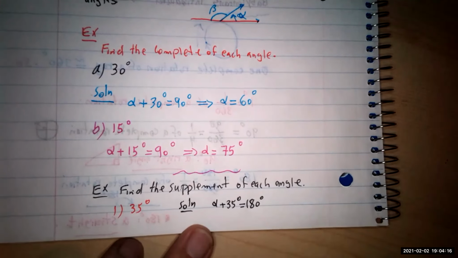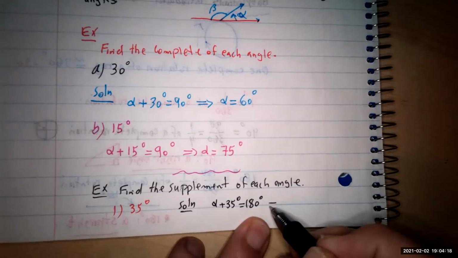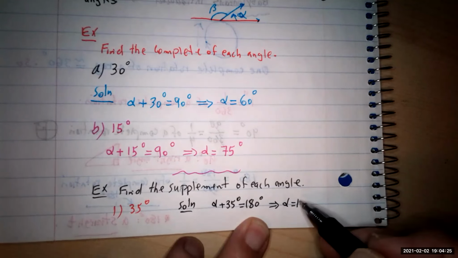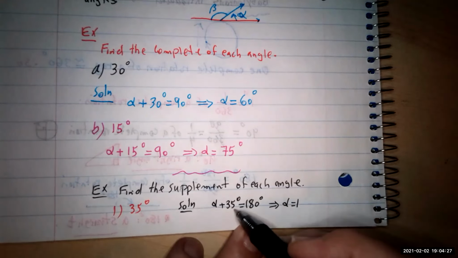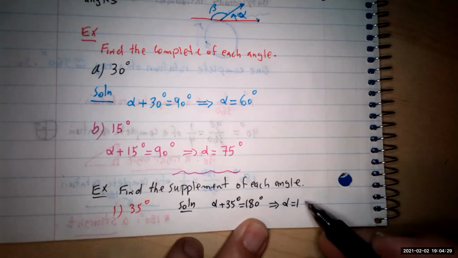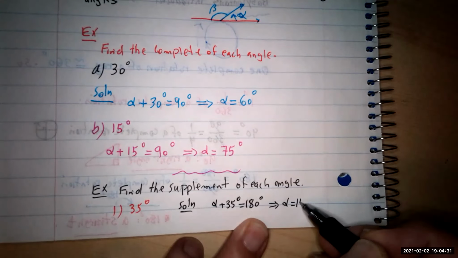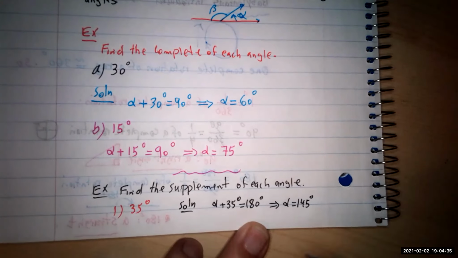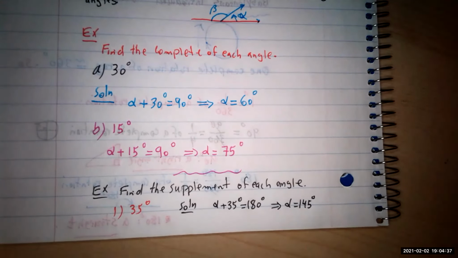So you subtract 35 out of 180, so the alpha would be 145 degrees. So that would be the supplement of the 35.